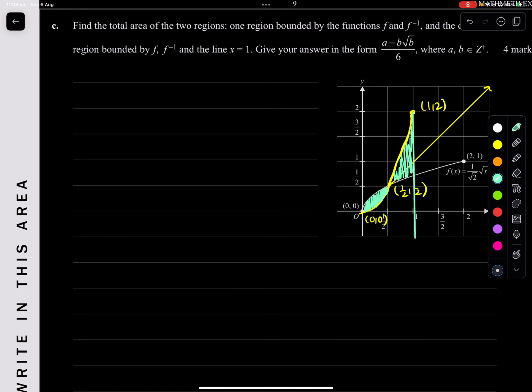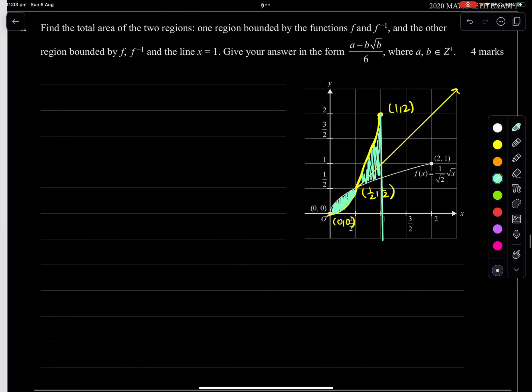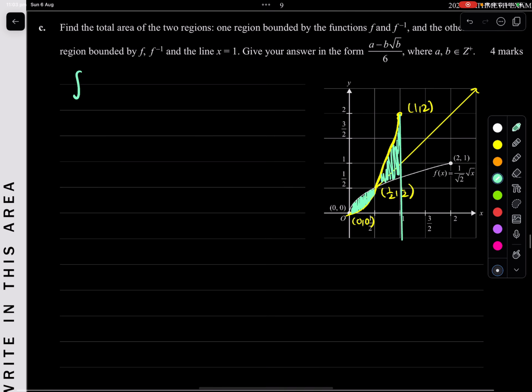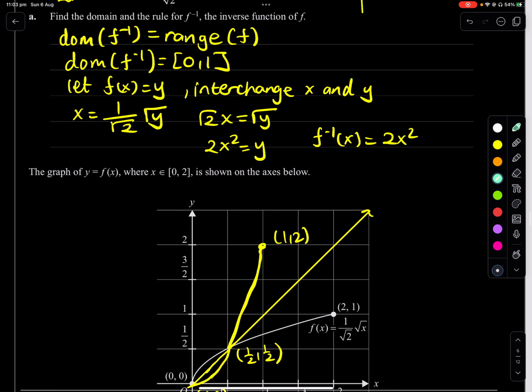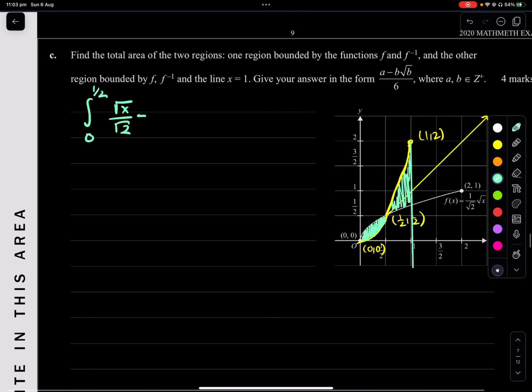So we already know the points of intersection, so let's just write the integrals. The first integral will be from 0 to half of the upper function, which is f of x. So I'm just going to write it as root x over root 2 minus your inverse, which is 2x squared, dx.